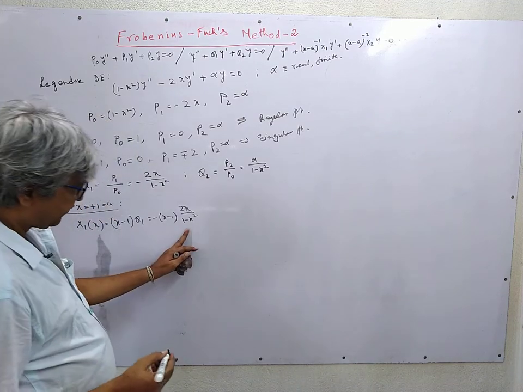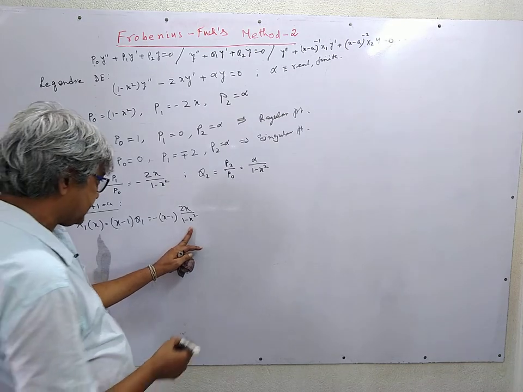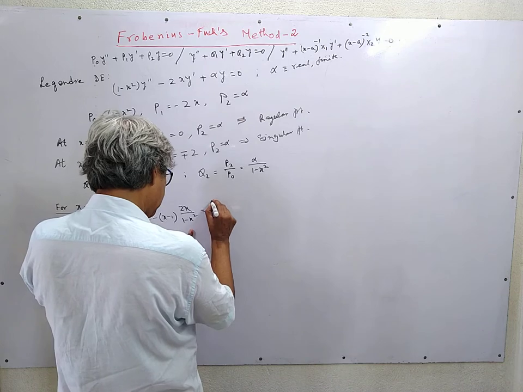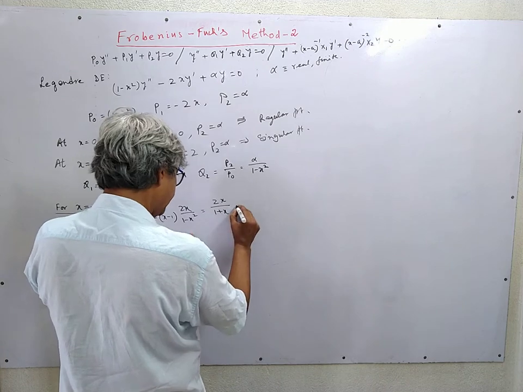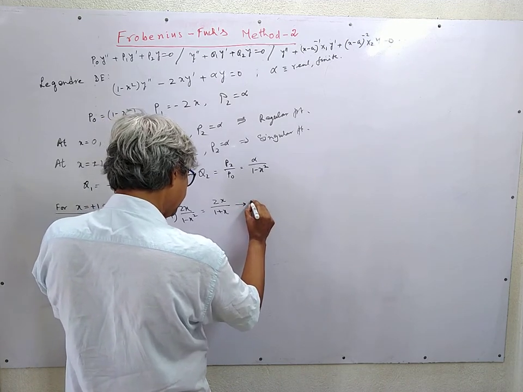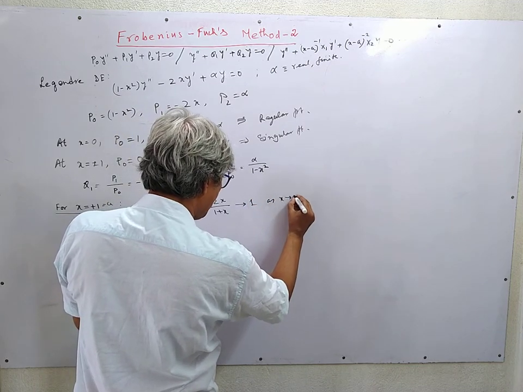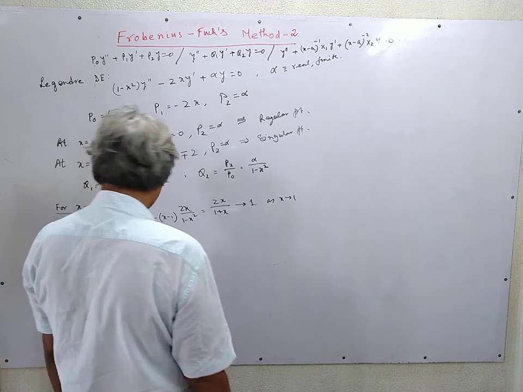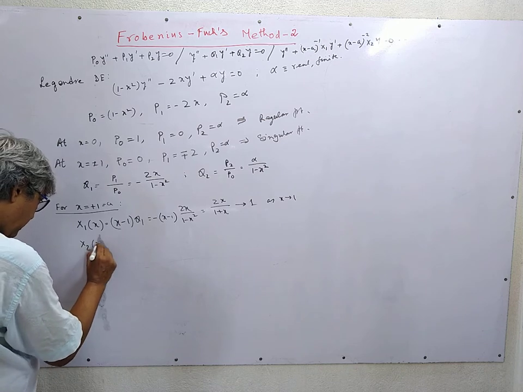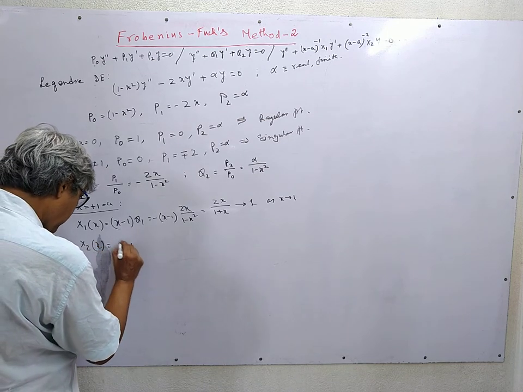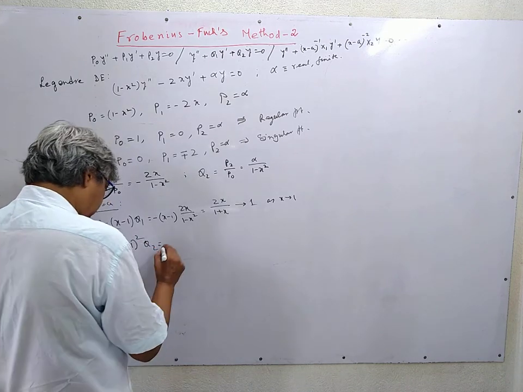We factorize 1 minus x squared into 1 plus x and 1 minus x, and the result tends to 1 as x tends to 1. X2 is equal to x minus 1 whole squared times Q2.